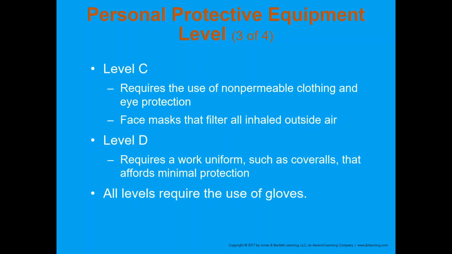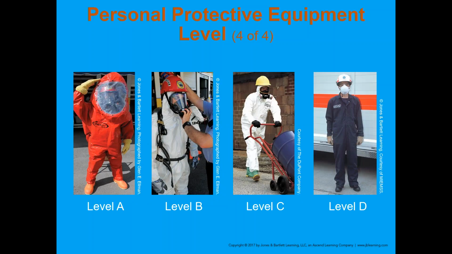And then level D is the one that's the minimal protection. All of these you will have gloves on. So there's your 4 different levels. So clearly you can tell from level A that they are way more protected than that guy at level D. So again, it all depends on what that chemical is and how toxic it may be.